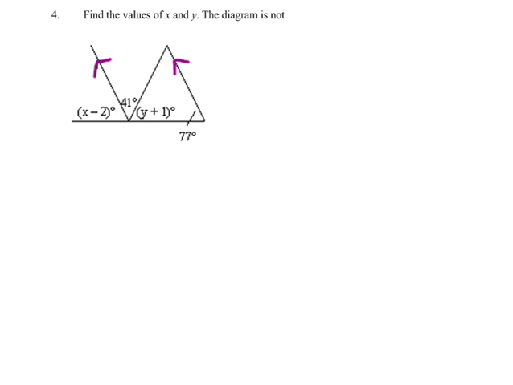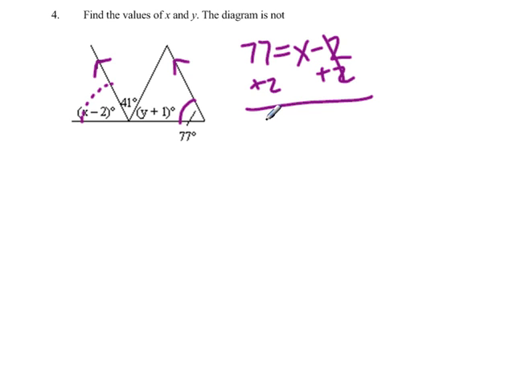So now, this angle corresponds to this angle. So that means that 77 equals x minus 2. So solving for x, I would add 2 to both sides. So 79 is what x is equal to.